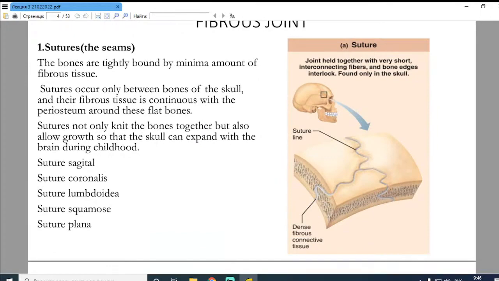Fibrous joints, sutures, are these: the bones are tightly bound by a minimum amount of fibrous tissue.